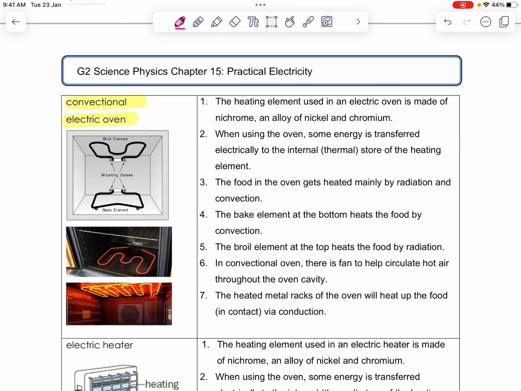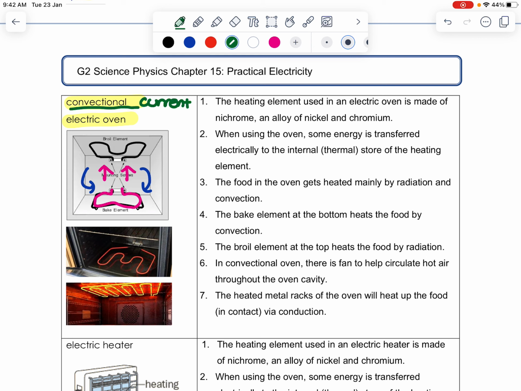As you remember, this is the heating element. As you heat up the air, hot air rises because it expands and is less dense. Cold air sinks. This results in a conventional current being formed.